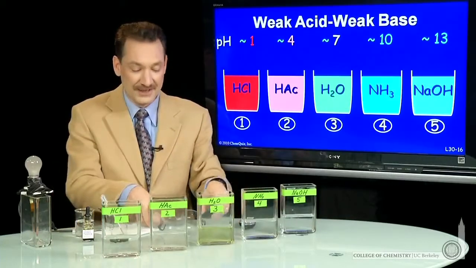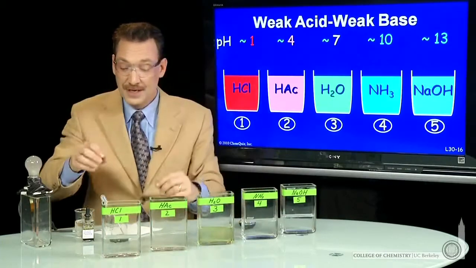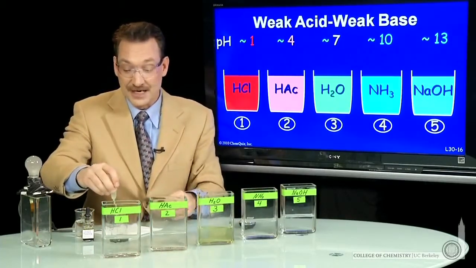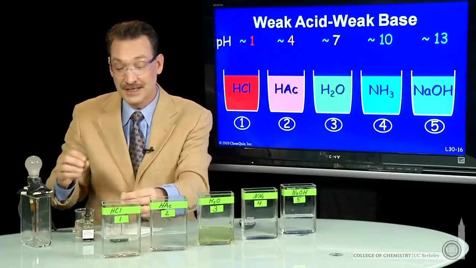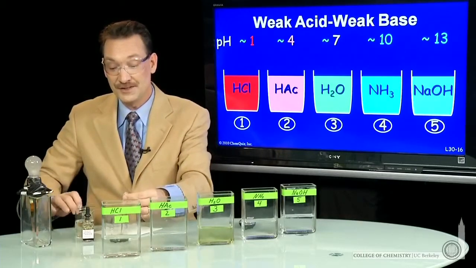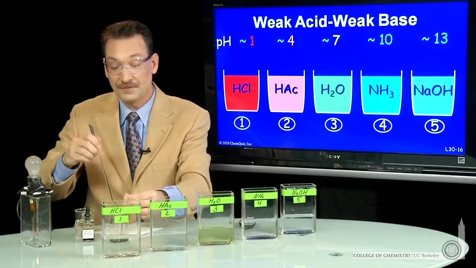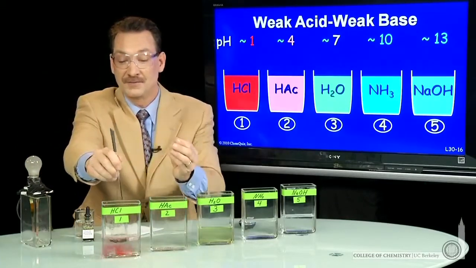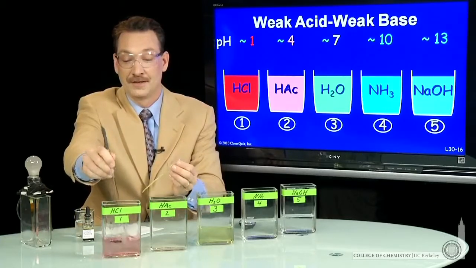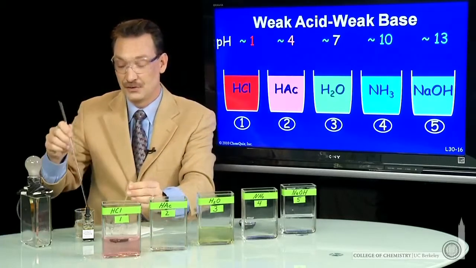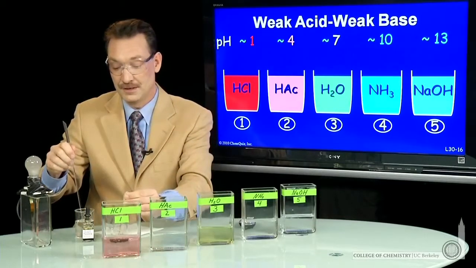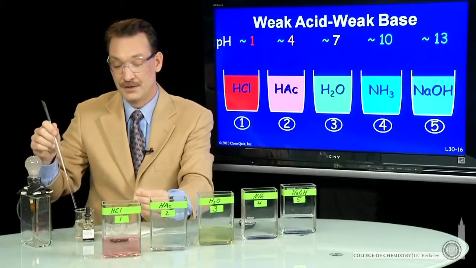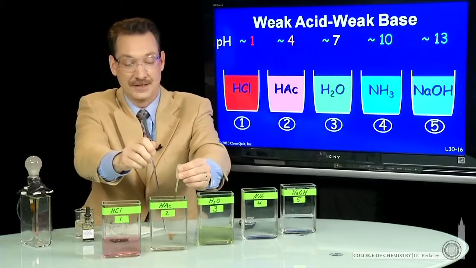So I can look at these and we can put a little indicator in each, and as we put a little indicator in, we'll see the color reflective of the relative pH. There's my strong acid solution. Here's my weak acid solution.